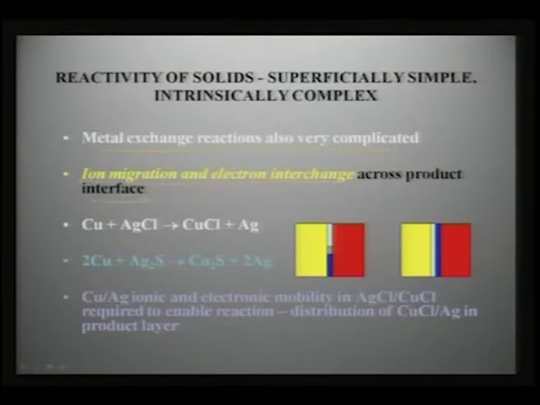So two things are happening, one is the ionic mobility and also there is an electronic mobility. As much as the ionic mobility is happening between these two interfaces, there is also electron mobility that is to be taken into consideration, because it has to happen that way for these new reaction products to be achieved. So this again looks very simple, but it is intrinsically a very complex process.